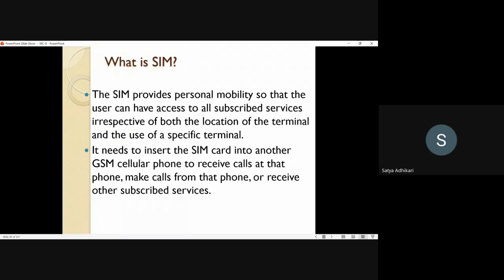As you know, for communication, like a sender, there must be a corresponding receiver machine. So the SIM card is also inserted into another GSM cellular phone to receive calls at that phone, make calls from that phone or receive other subscriber services.